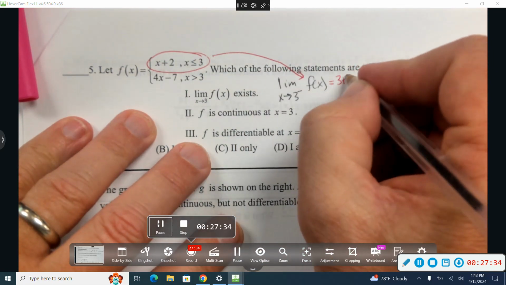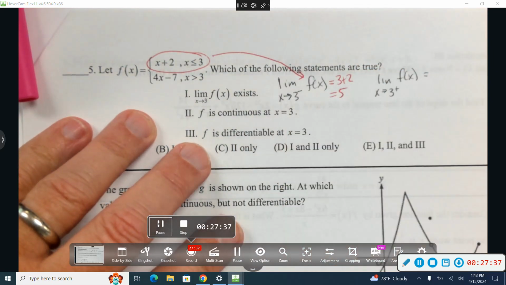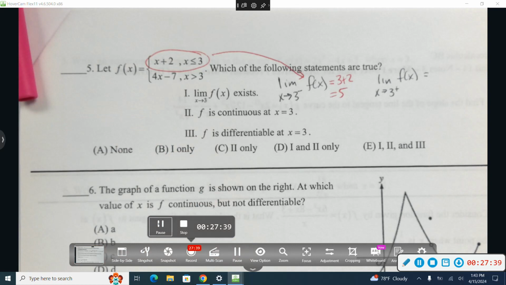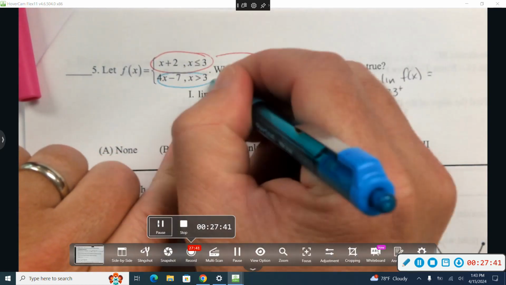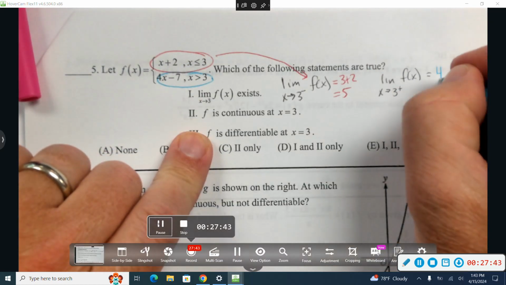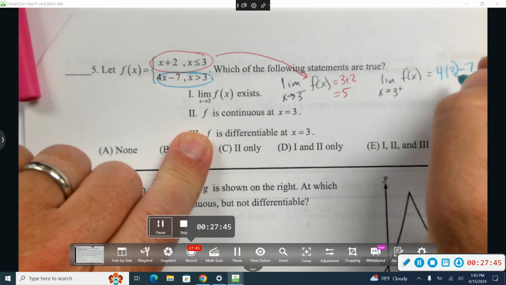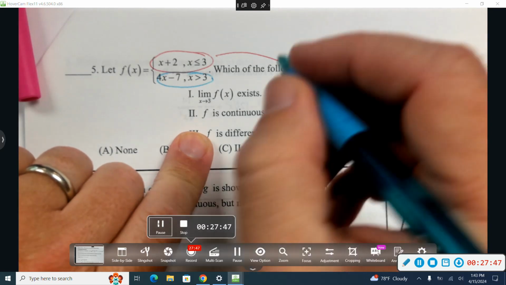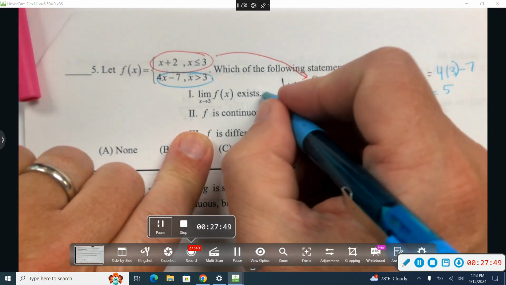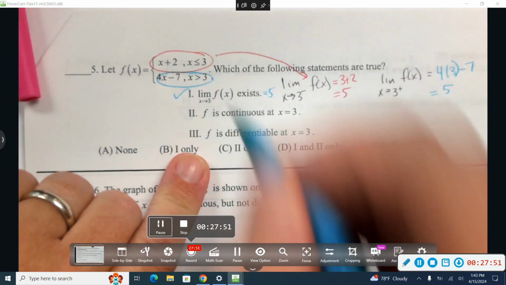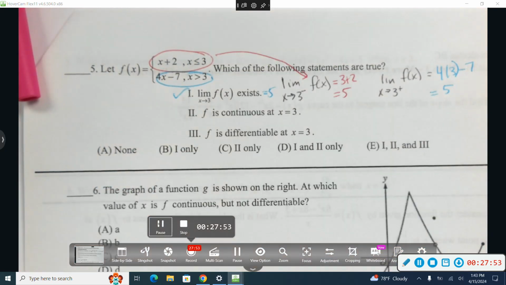So 3 plus 2 is 5. The right limit would be when x is greater than 3. 4 times 3 minus 7, that's also 5. So those are equal to each other, they're both headed toward 5.